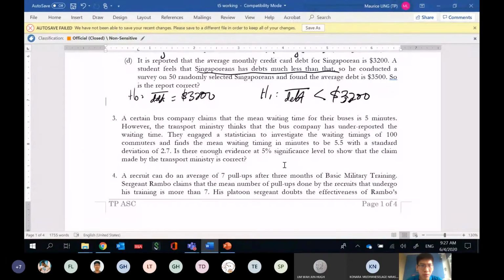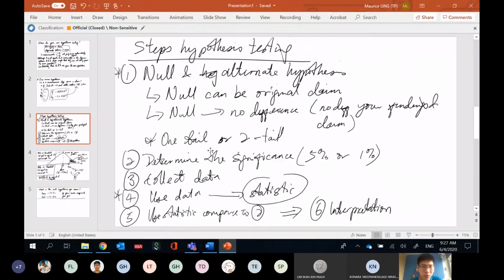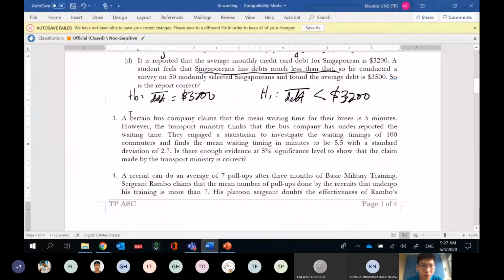First, you have to decide what your hypothesis is. Follow the 5 steps. Hopefully you have calculated.